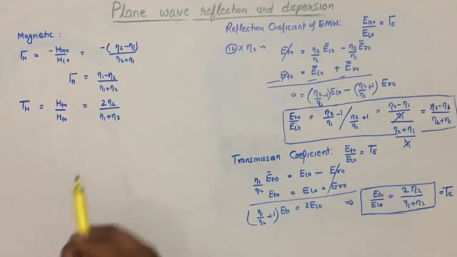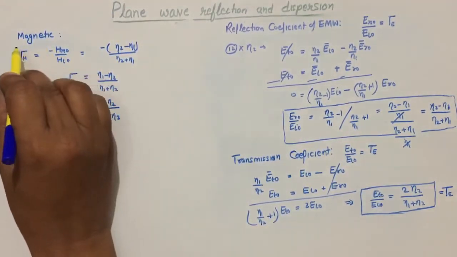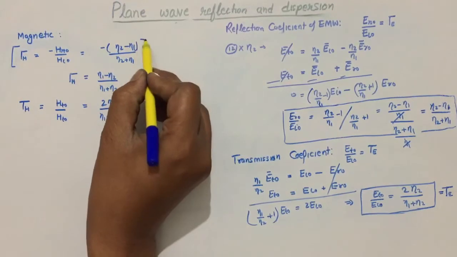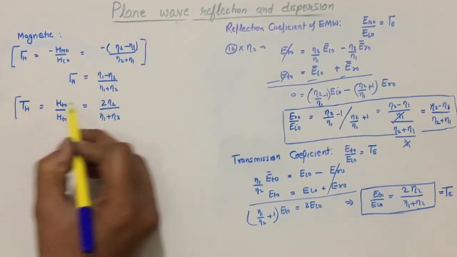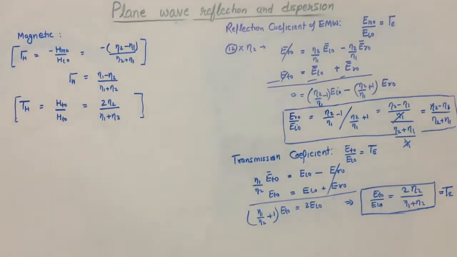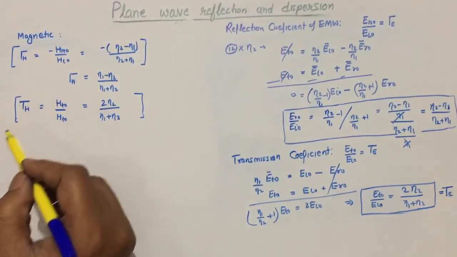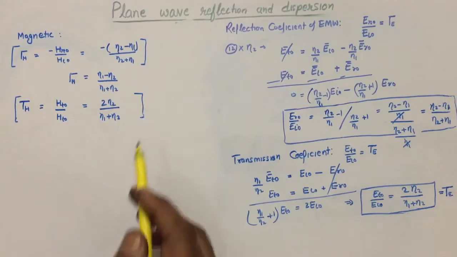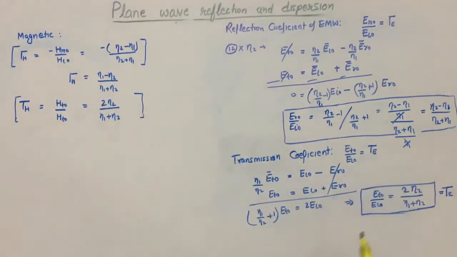Okay. Now these two are the final equations that we have regarding the magnetic field component of an electromagnetic wave to find the reflection and transmission coefficient. So in this way we have 4 final equations to have the reflection and transmission coefficient for electric and magnetic field component of the electromagnetic wave when we have assumed the electric field direction remains.